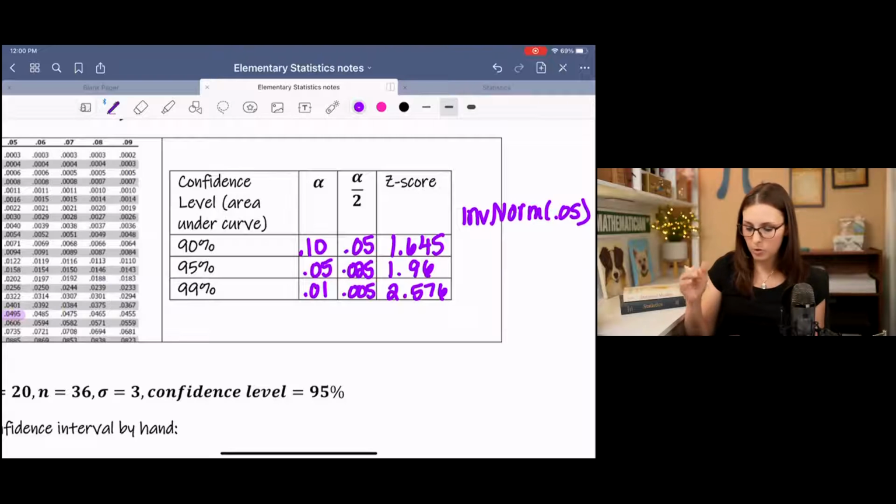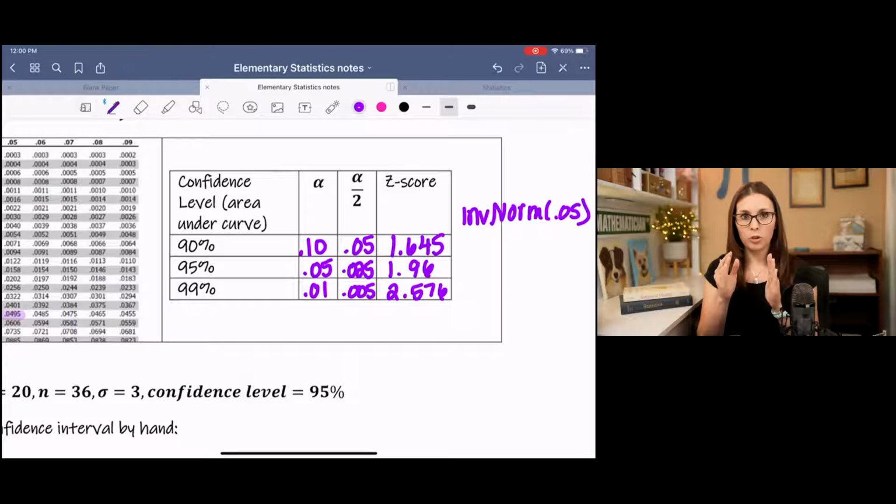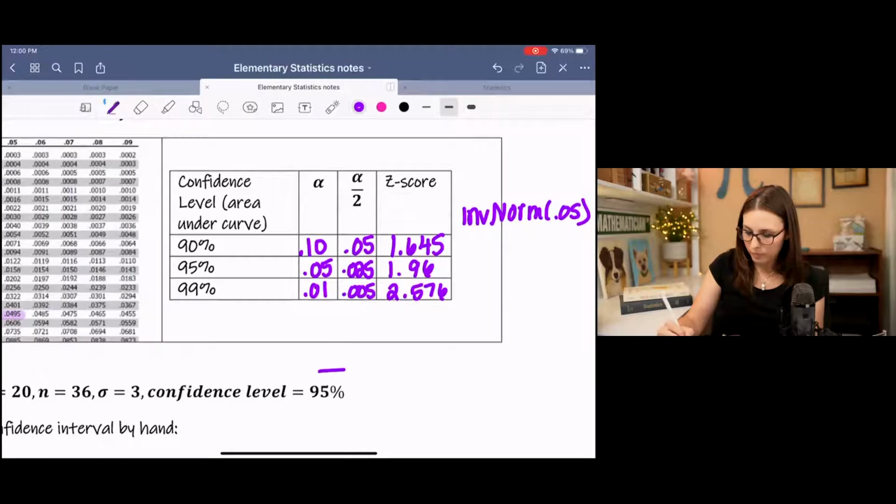And if it helps, remember that you can draw that normal curve, shade in that region that we're looking for, and that might help you have a more concrete understanding of what we're looking for. So what we're finding is the z-score associated with that shaded region. So if I were to shade, I'm just going to draw a real bad picture here. I can't even handle that.